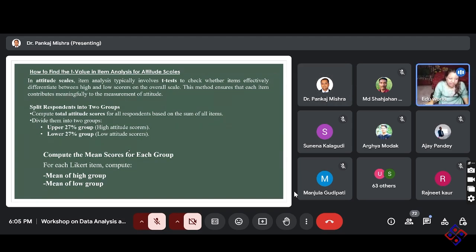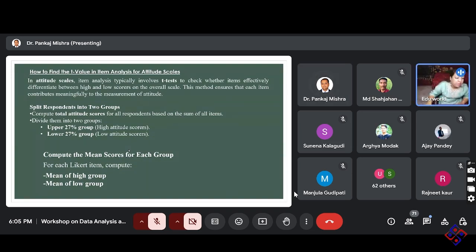Understood? When we are conducting an attitude scale, a perception-related scale, we have to apply the t-test, and based on the t-test, with the high scorers as well as the low scorers, we will retain some items and eliminate others.